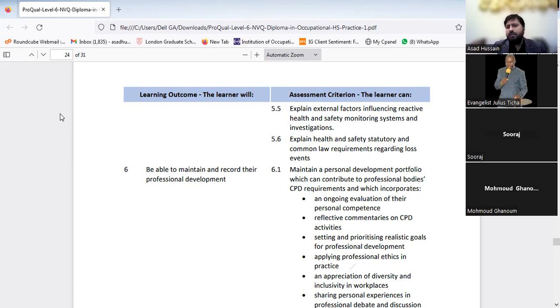So in the UK, normally we have RIDDOR requirements and defense of civil claims, but you have to explain what you have in your workplace, in your organization.